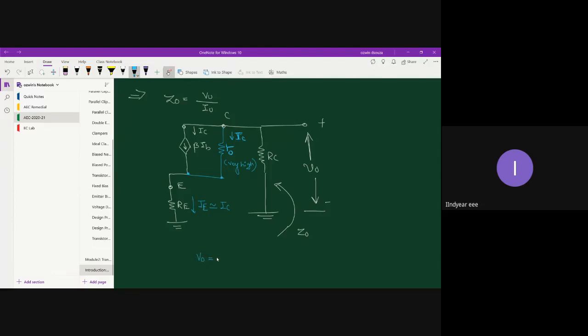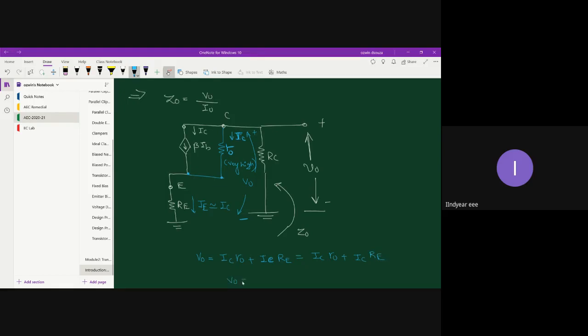So I can write V0 is equal to, because across collector and ground I can still write the voltage as V0, you can just apply KVL here. It is IC into R0 plus IE into RE, or I can write it as IC into R0 plus this IE, I can write it as IC itself, because IC and IE are very close to each other, and this is RE.